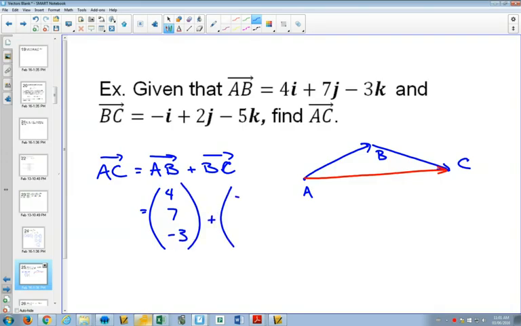And B to C would be -1, 2, -5. 3, 9, -8 would be our answer.